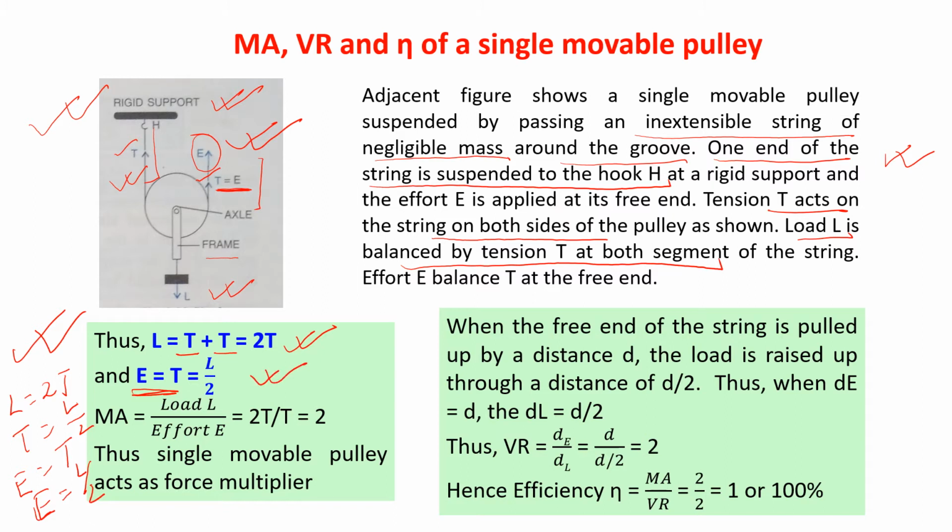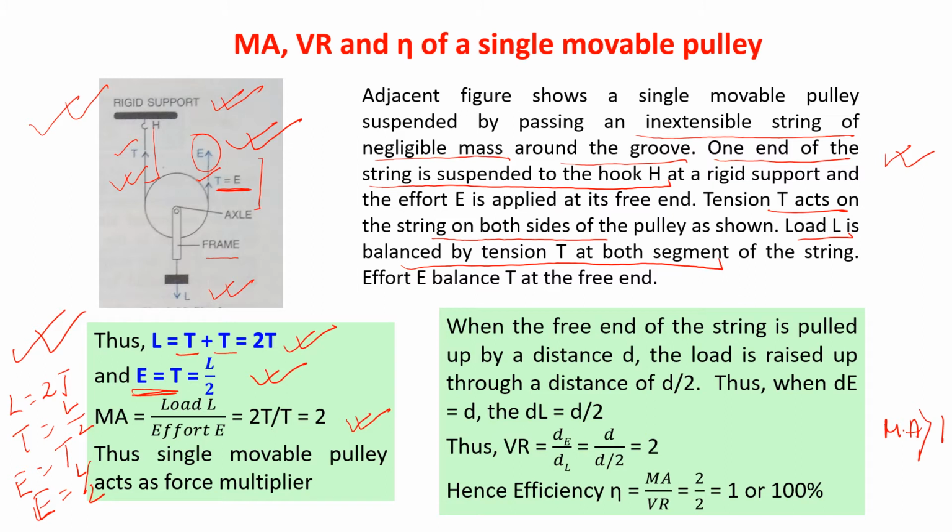Now from here, mechanical advantage is equal to 2T by T, which is 2. So the single movable pulley acts as a force multiplier because mechanical advantage is greater than 1. We are getting mechanical advantage greater than 1, so it is acting as a force multiplier.